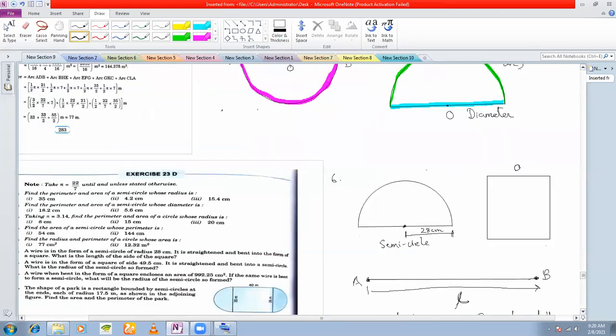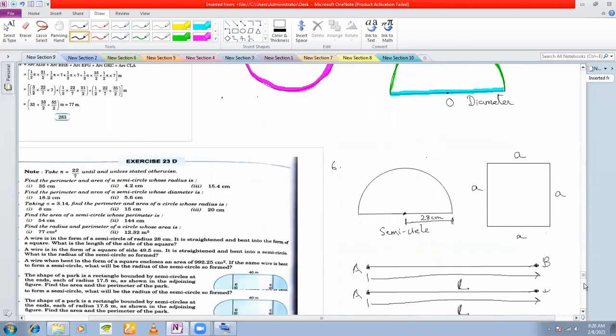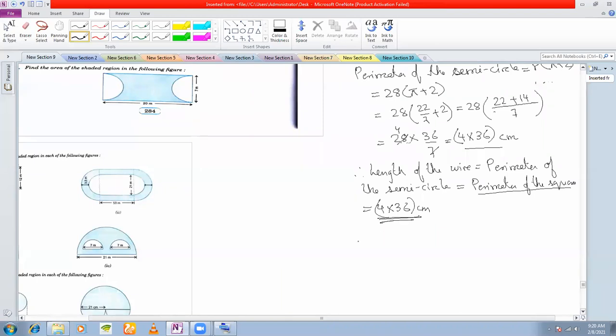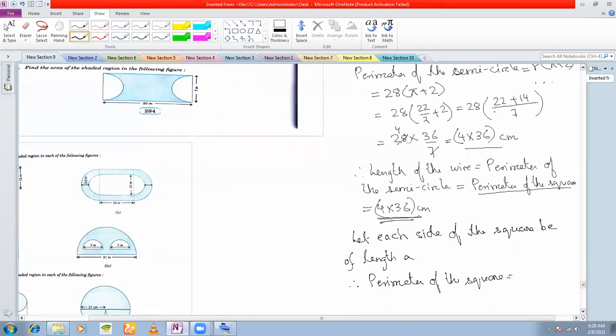So if I call each side of the square A, then what is the perimeter of the square? 4A. That means 4A must be equal to 4 into 36. So I say let each side of the square be of length A. Therefore, perimeter of the square is equal to 4A.